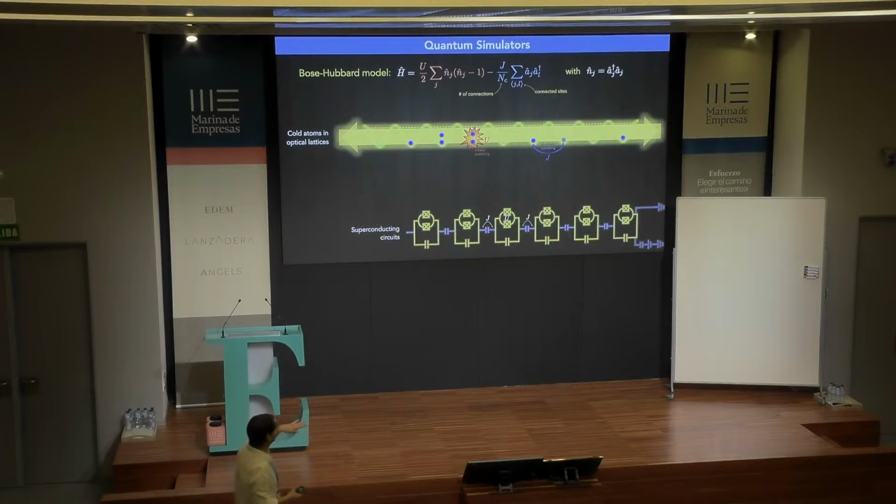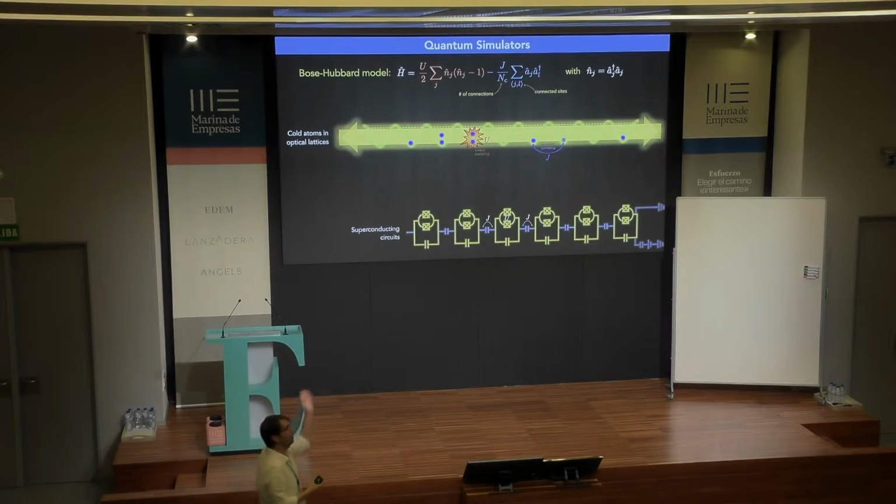Because of course, the physical processes that we can implement in superconducting circuits, apart from these two, so we can do many things like driving, dissipating, we can do many things in these circuits. That means that we have more tools, more processes available to implement models that go beyond this Bose-Hubbard.